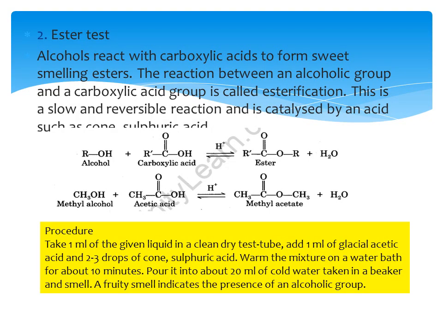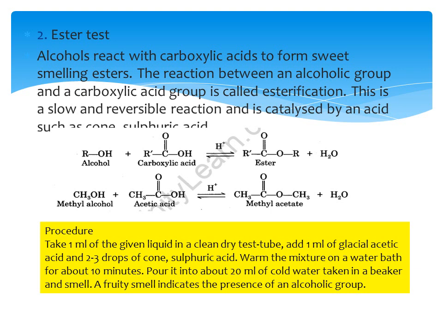The second important test is ester formation, in which acids and alcohols react together to give esters along with the elimination of water molecules. This whole process is called esterification, and it needs an acid as a catalyst. To proceed, take 1 ml of the given liquid in a dry test tube and add glacial acetic acid. 2 to 3 drops of concentrated sulfuric acid are required as a catalyst.